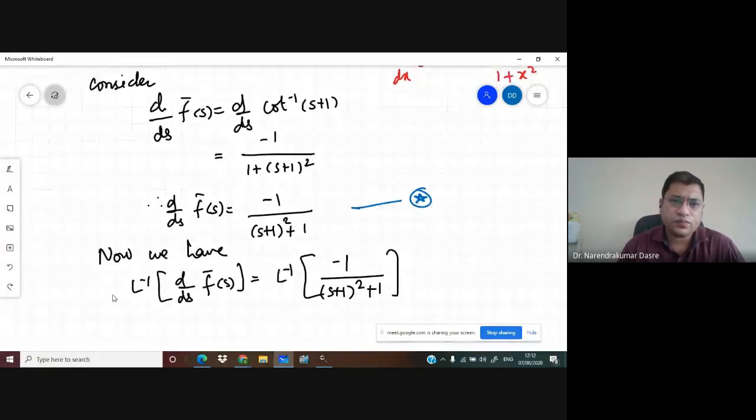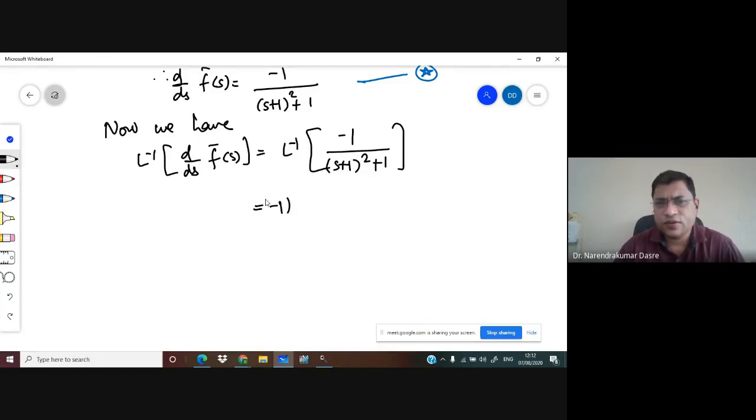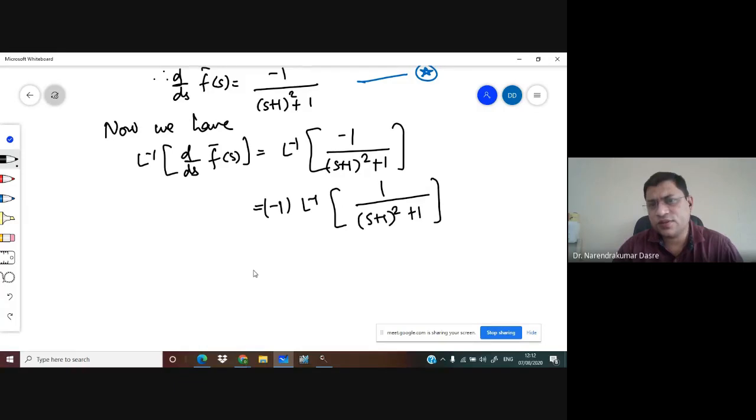Now we know this minus 1 remains as it is, and then we can have Laplace inverse of 1 upon (s plus 1) bracket square plus 1.